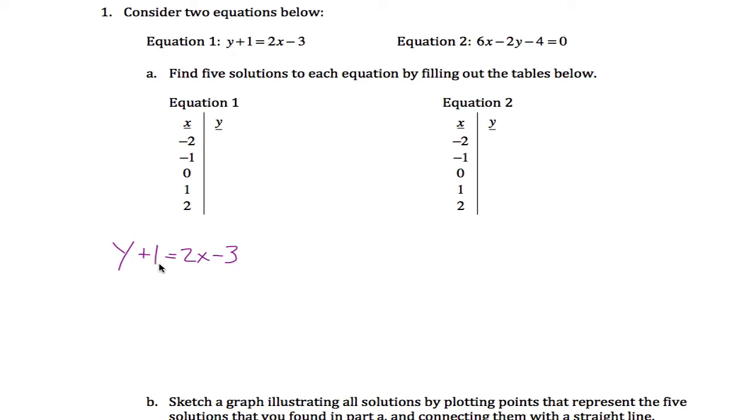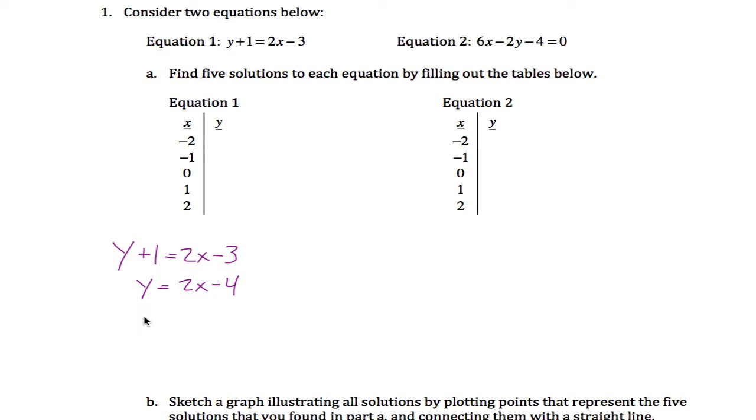So to get the y all by itself, we could subtract 1 from both sides and get y equals 2x minus 4. Then we can plug in each of these values. Maybe I'll switch colors.